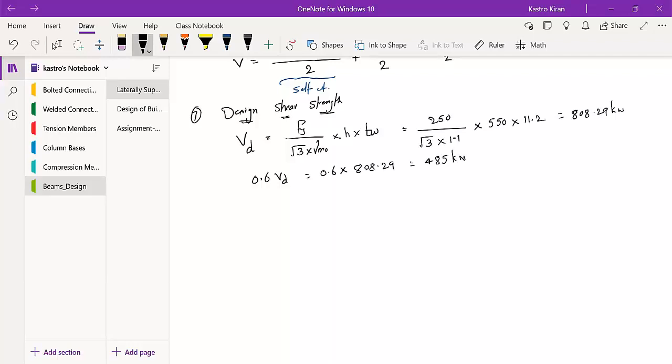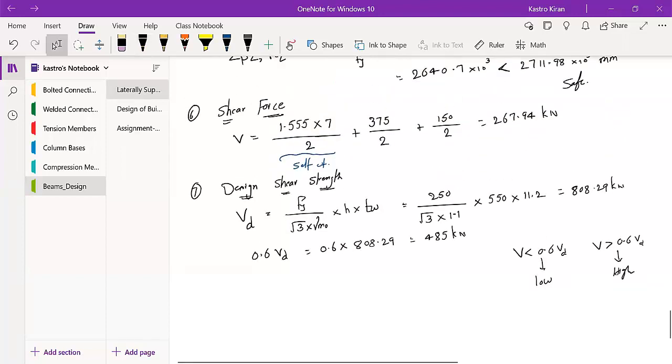Now you have to verify whether V is less than 0.6 VD or V is greater than 0.6 VD. You know these conditions. If V is less than 0.6 VD, it is a low shear case, and if V is greater than 0.6 VD, it is a high shear case. Let's look at the value of V here. It is 267.94, which you have calculated.